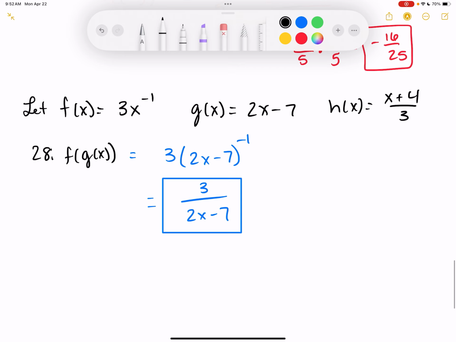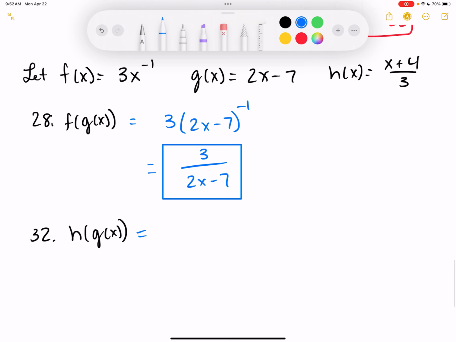Let's do 32. H of g of x. So I'm taking my g of x function and plugging it in for x in h of x.